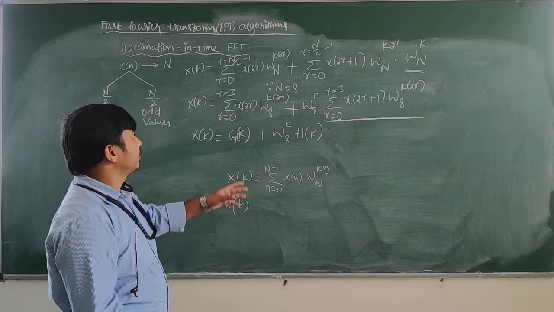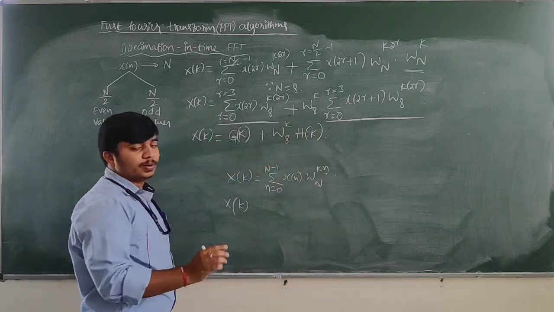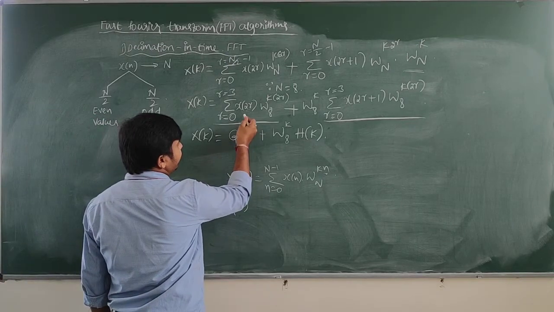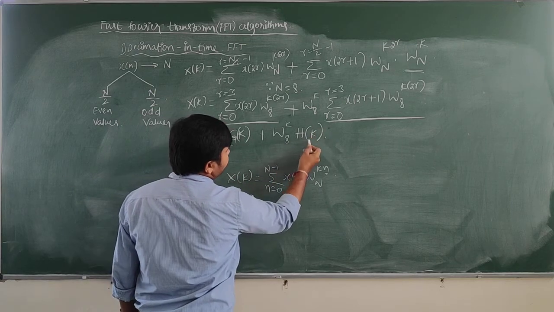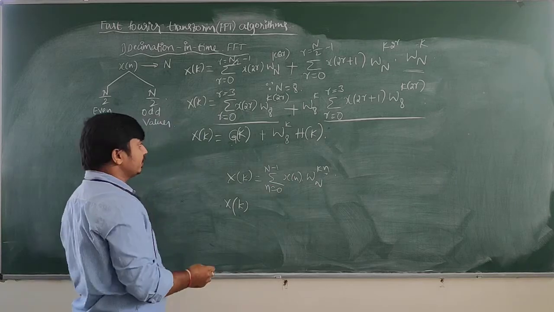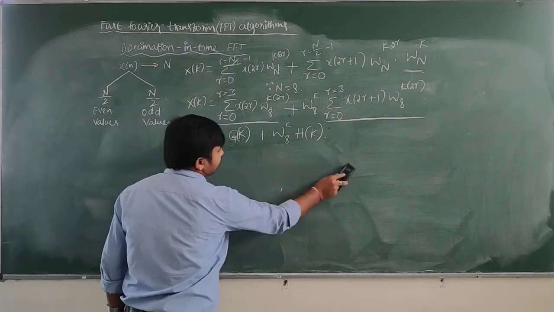Okay. So this equation and this equation are similar to the DFT equation. Therefore I can write it as DFT g of k and DFT h of k, and this W8 power k is common. Okay. Next.